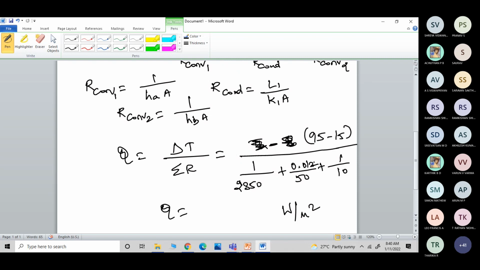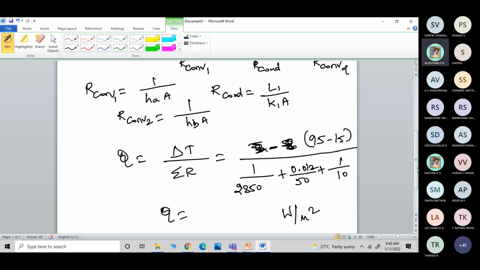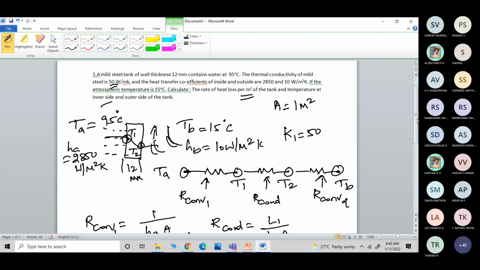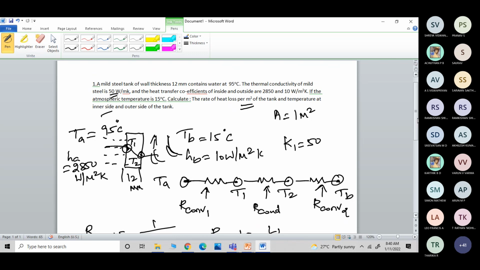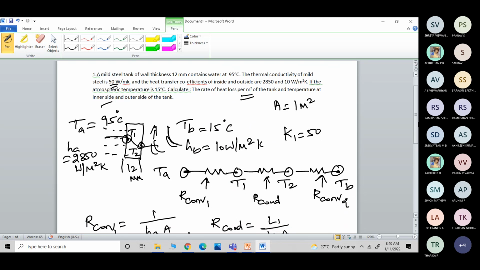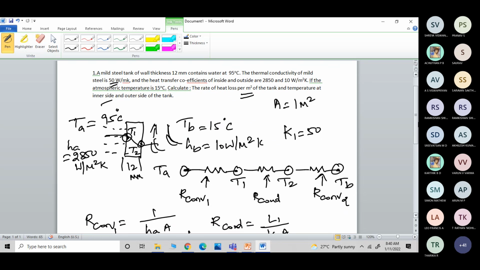Students, are all of you able to understand how I did this? What is the value? A mild steel tank of wall thickness 12 mm contains water at 95 degrees C. The thermal conductivity of mild steel is 50 watt per meter Kelvin, and inside and outside coefficients are 2850 and 10.